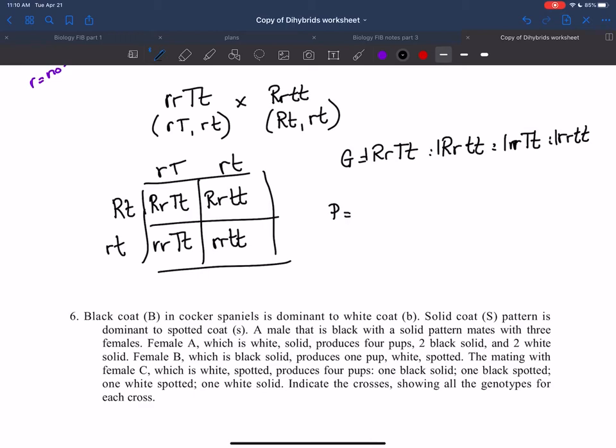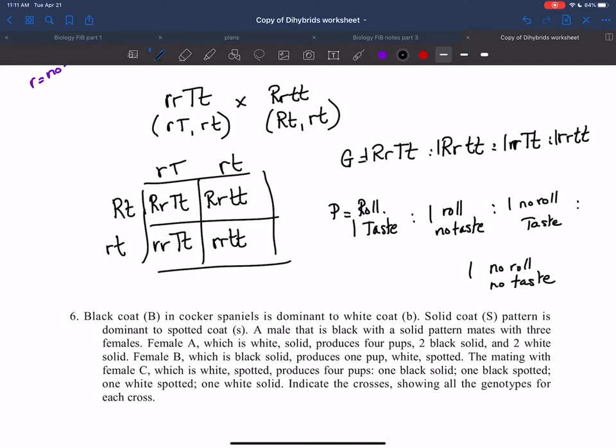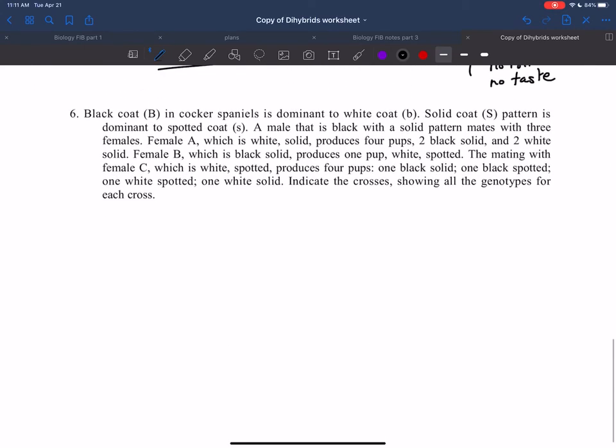And my phenotype, I have 1 rolling and taste, 1 roll, no taste, 1 no roll and taste, and 1 no roll and no taste. Okay, so again, a 1 to 1 to 1 to 1.